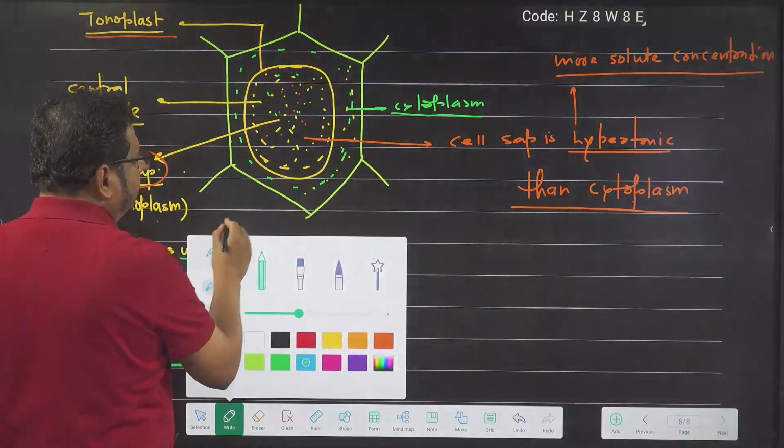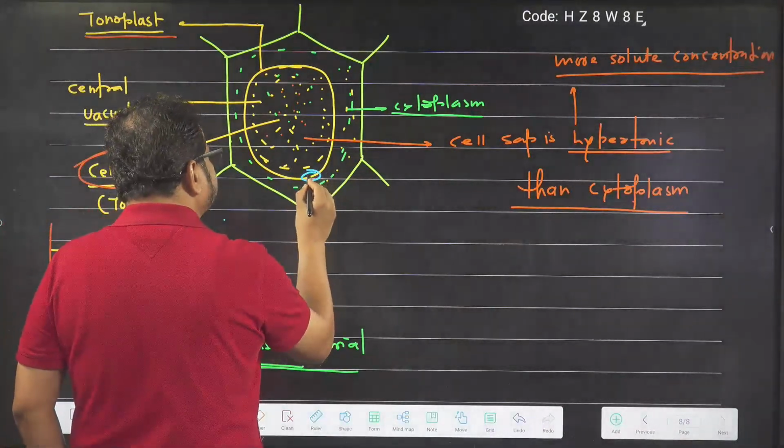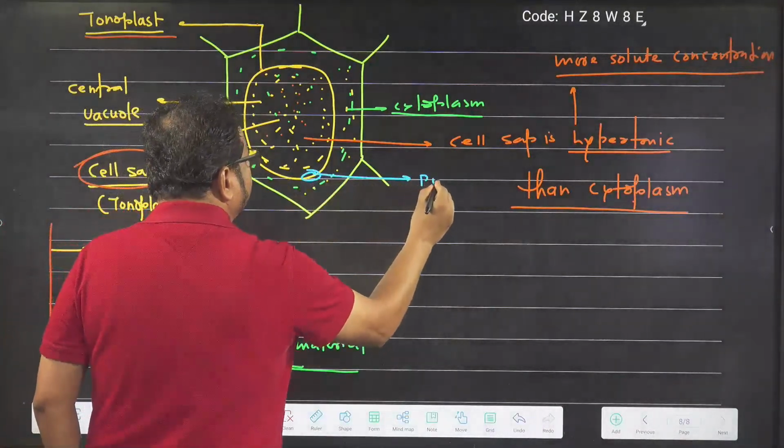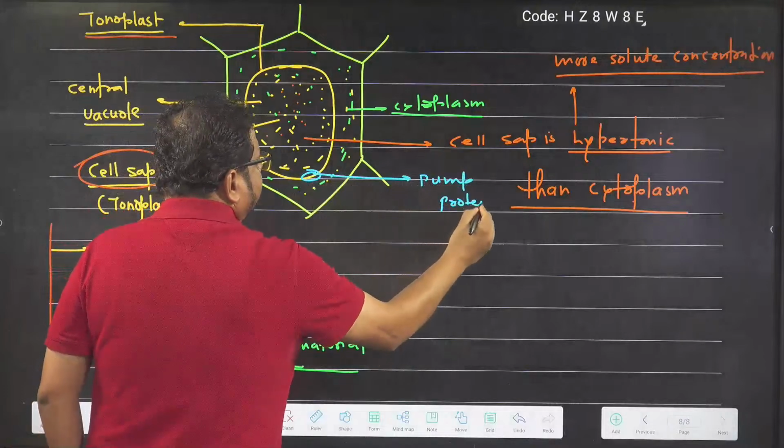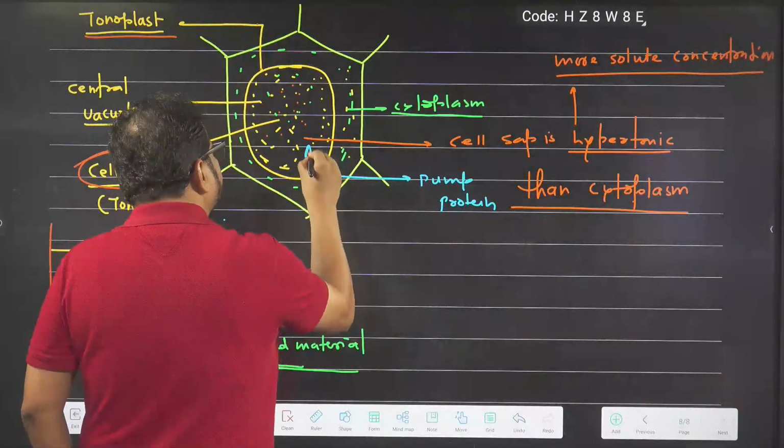And how is the concentration more here? There is a reason. There is a pump protein once again here. Which protein? Pump protein. And this pump protein is actively pumping the solute.